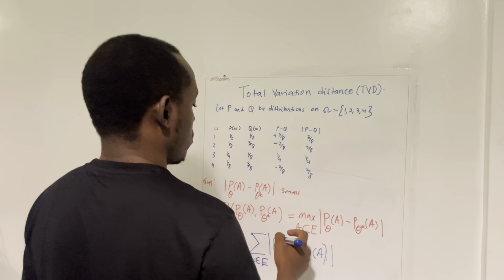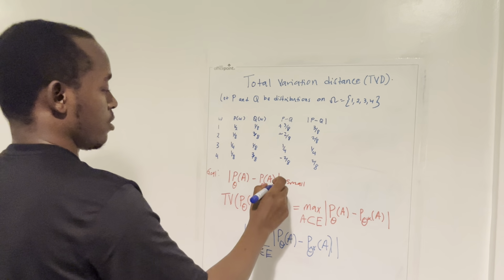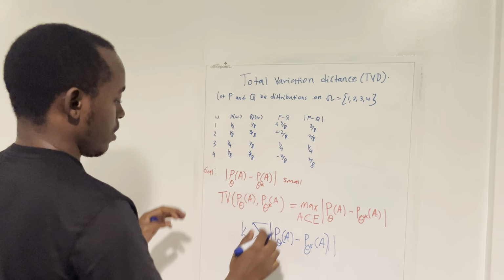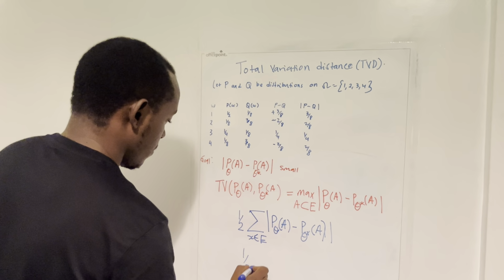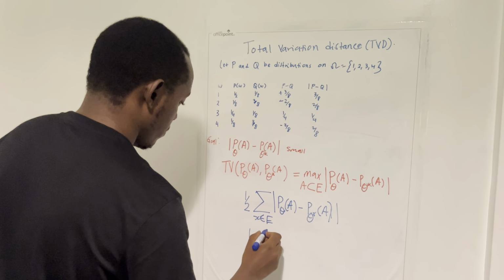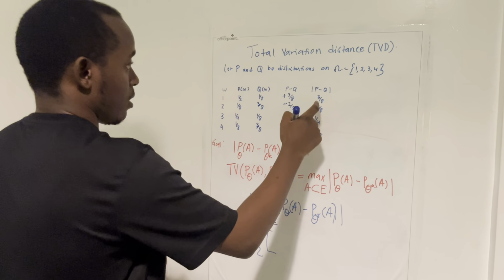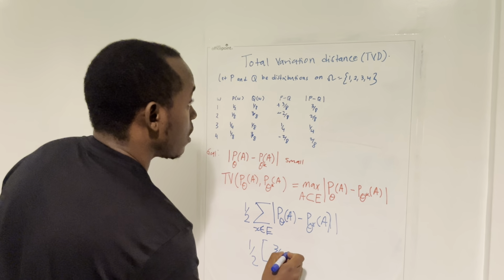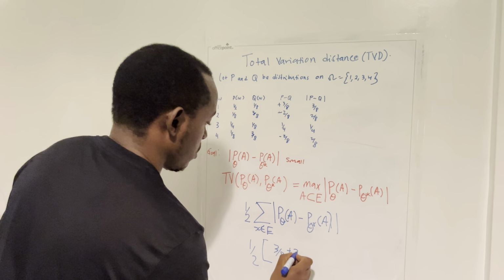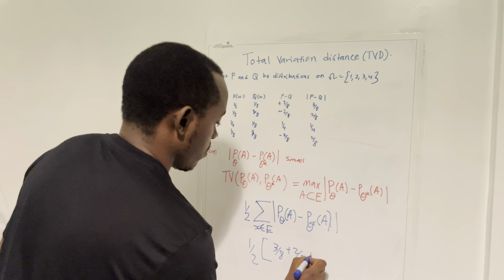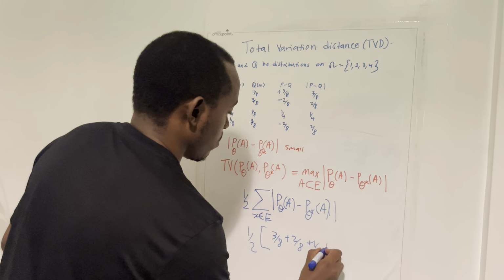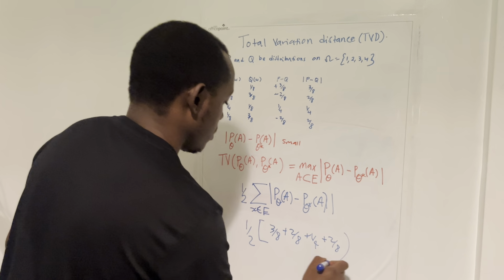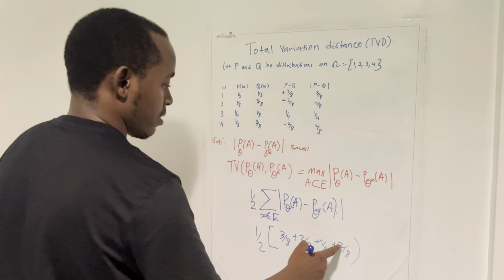So this formula basically tells you, you look at every single point and just plug in the sum of the absolute values here. This will be 3 out of 8 plus 2 out of 8 plus 1 out of 4 plus 2 out of 8. So it'll be 5, 6, 8.